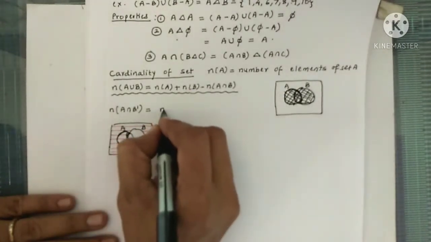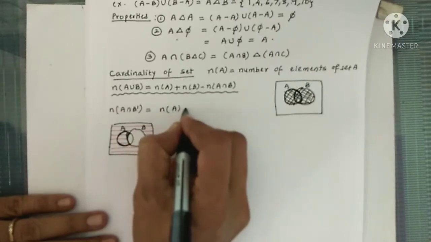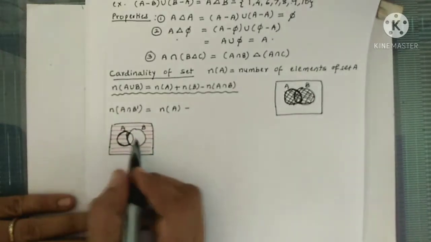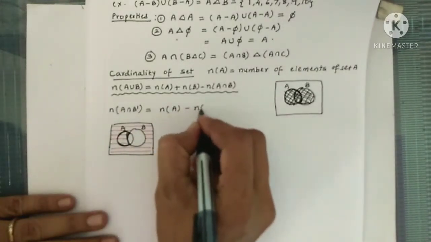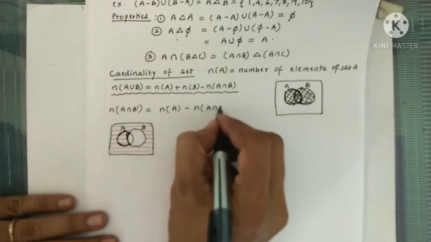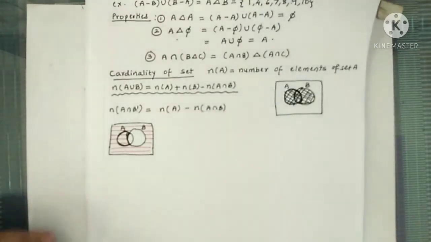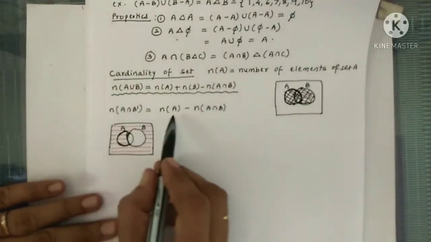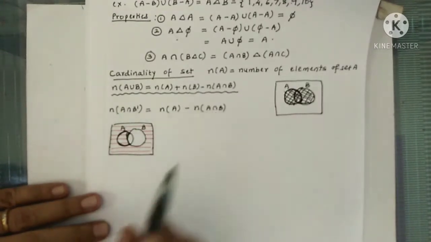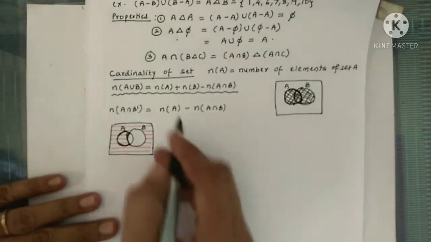And in the diagram you can see that it is A minus A intersection B. So the formula for it is n(A) minus n(A intersection B). So n(A intersection B dash) is n(A) minus n(A intersection B).